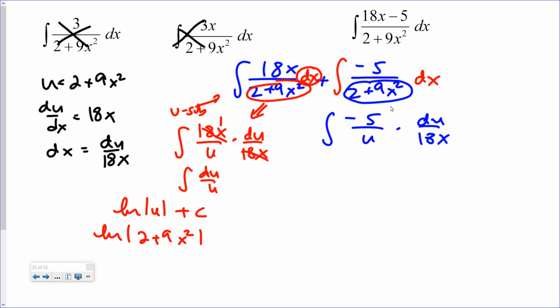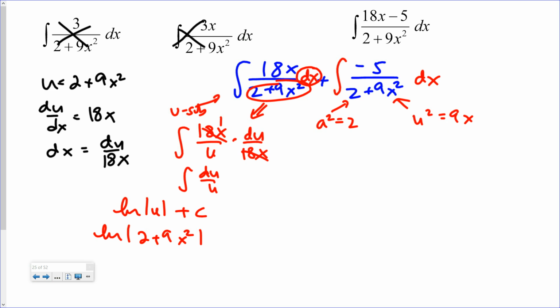No. Then I go back and I say, hey, maybe I'll make the u something else. Maybe make it a, what kind of problem might it be? An arctan problem. So if I make it an arctan problem, a squared is equal to 2, u squared is equal to 9x squared. That means a is equal to the square root of 2. That means u is equal to 3x. Just take the positive values.